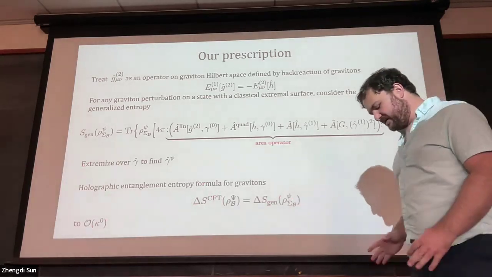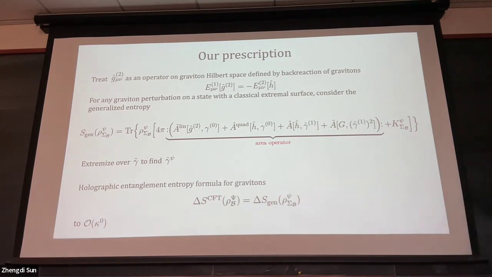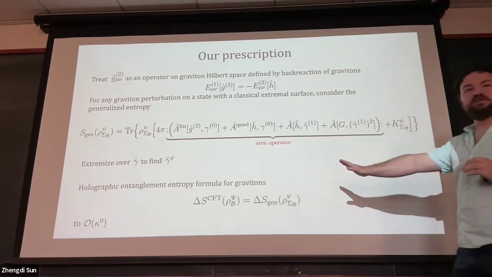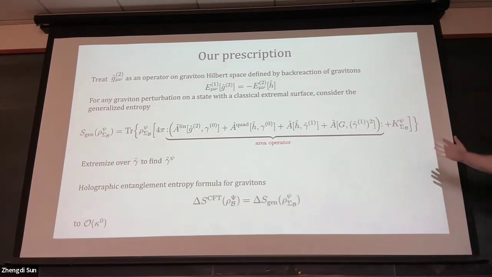You might be asking, why didn't I say anything about S? Here I wrote a formula for delta S. The reason is twofold. One is I don't actually know how to compute S, and we can't use the path integral, so I can't make any claims about the entropy itself. I can only make claims about the change in entropies. We'll see in the example why I can't compute entropies.